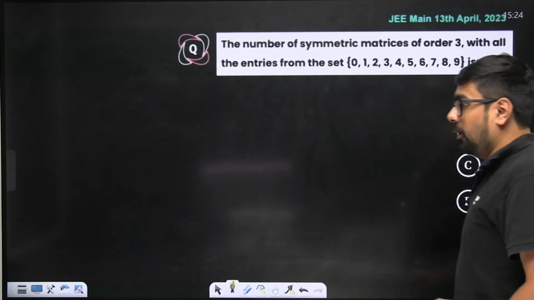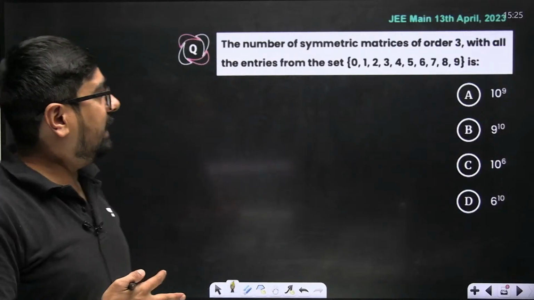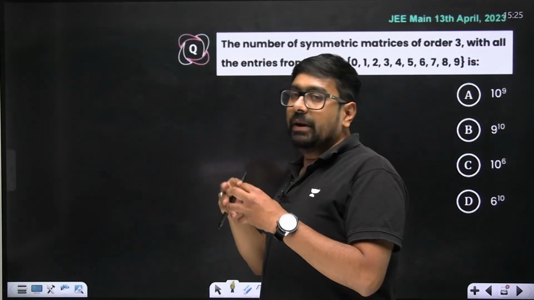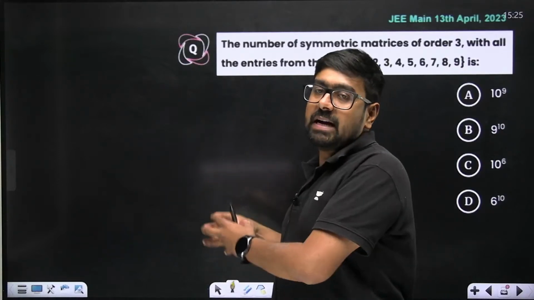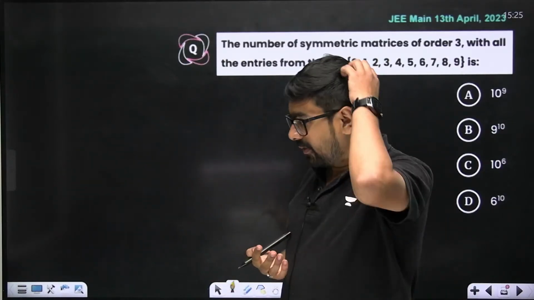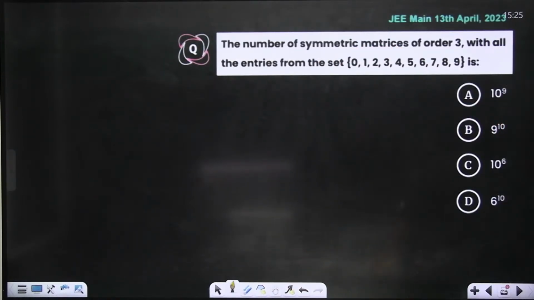Let's come to the next part, which is matrices. In matrices, from the last 2-3 years, the combination of matrices with limits and the combination of matrices with permutation and combination has increased. This question we have solved earlier also.